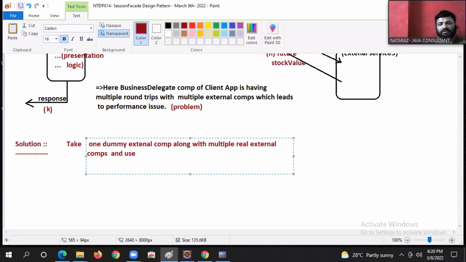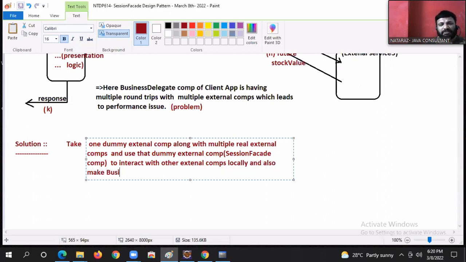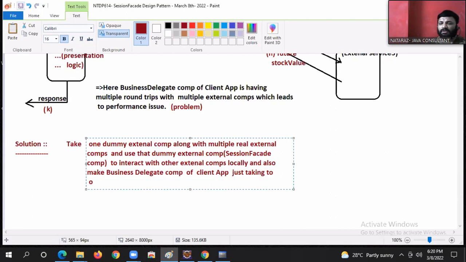And use that dummy external component, which is nothing but the SessionFacade component, to interact with other external components locally, and also make the business delegate component of the client application just talk to only one dummy component, nothing but the SessionFacade component.